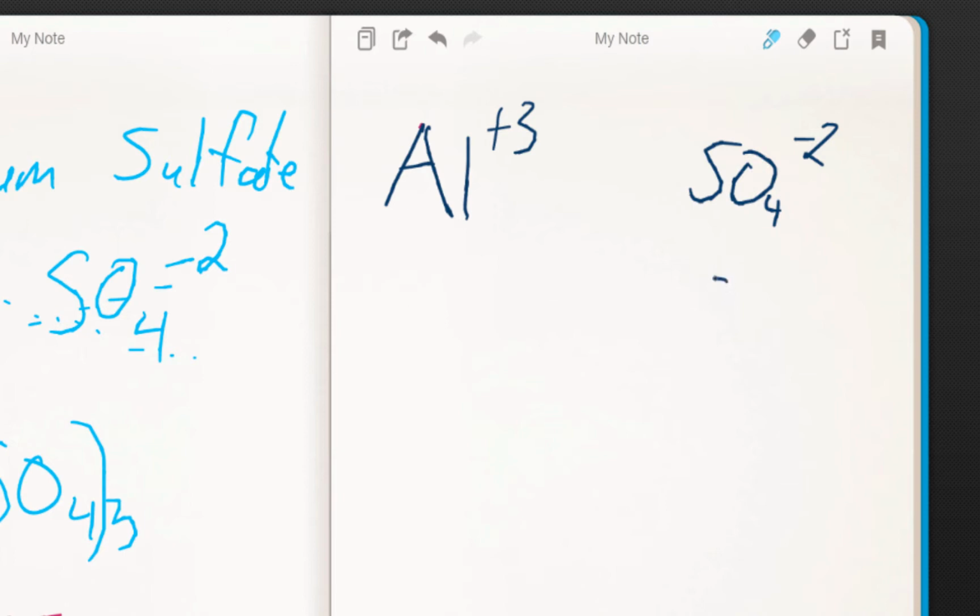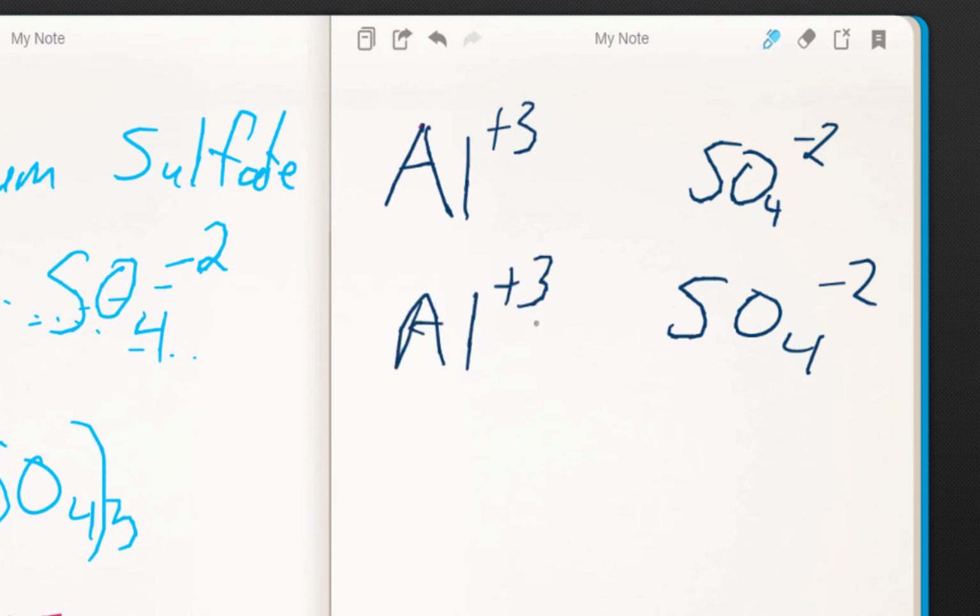So, what do I need? I need another sulfate. Now there's 1 aluminum for every 2 sulfate ions. Now it's a +3, and this is a -4. It doesn't balance out. Now the minuses are bigger than the pluses. So, I'll add another aluminum ion. Now the aluminum has a +6. Sulfate only has a -4 total. So I need 1 more sulfate.